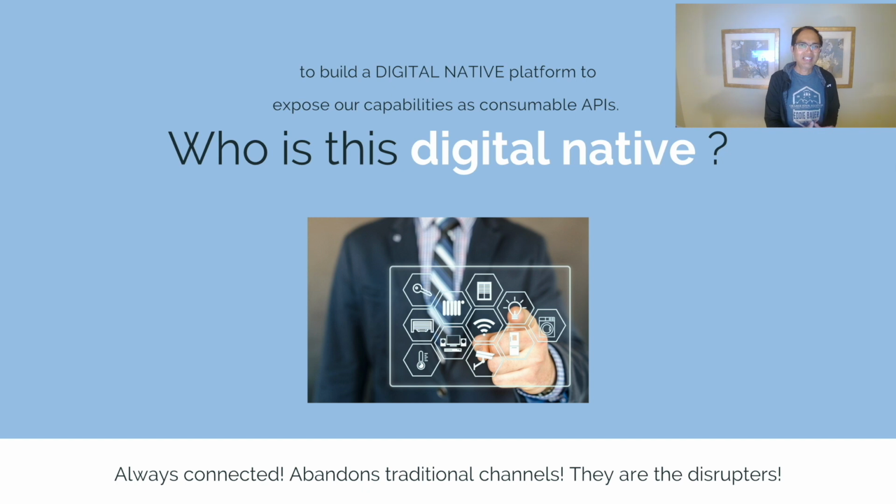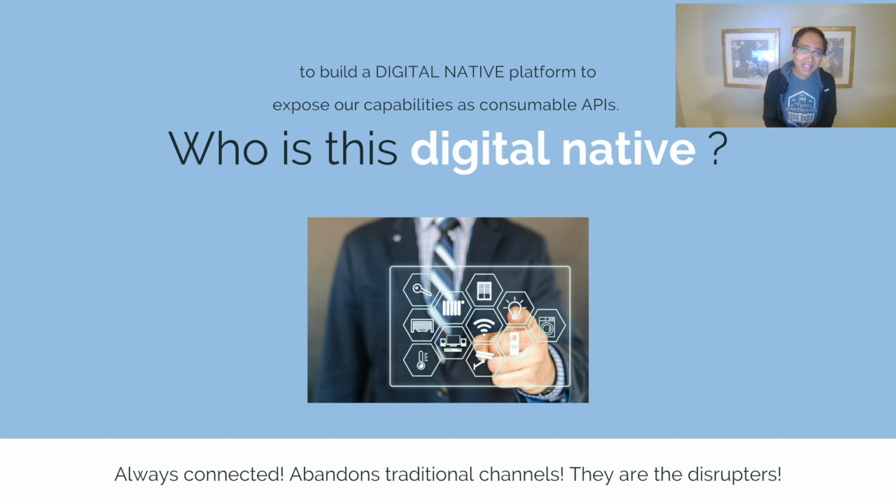They are always connected, and they are very good at abandoning traditional channels, and pretty much they are the disruptors, right? For example, they abandoned Blockbuster and they went with Netflix. They abandoned travel agents and they went with Priceline. So the list continued with Uber and Airbnb and so on, right?